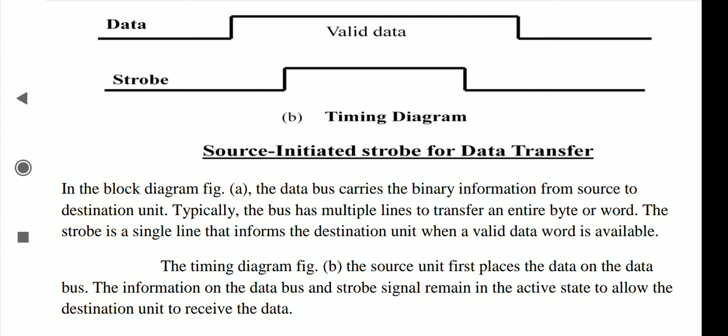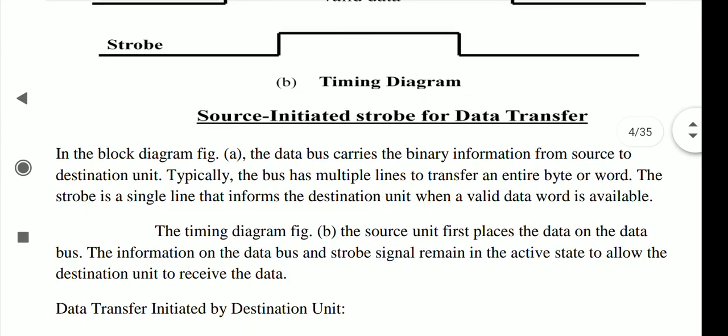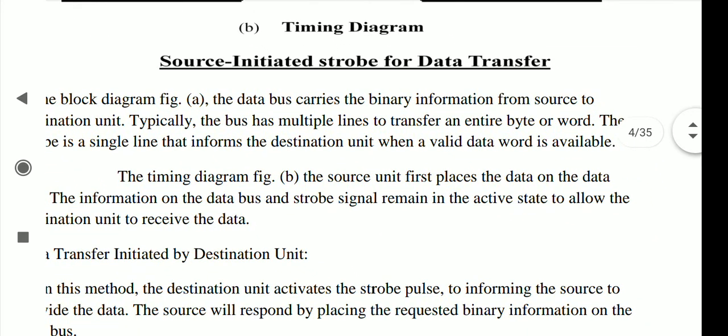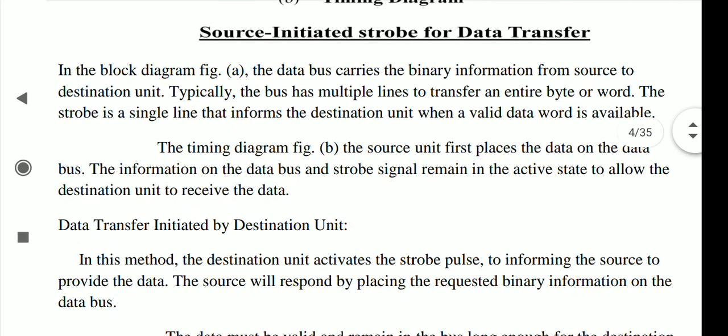The strobe is a single line that informs the destination unit when a valid data word is available. In the timing diagram, the source unit first places the data on the data bus. The information on the data bus and the strobe signal remain in the active state to allow the destination unit to receive the data.